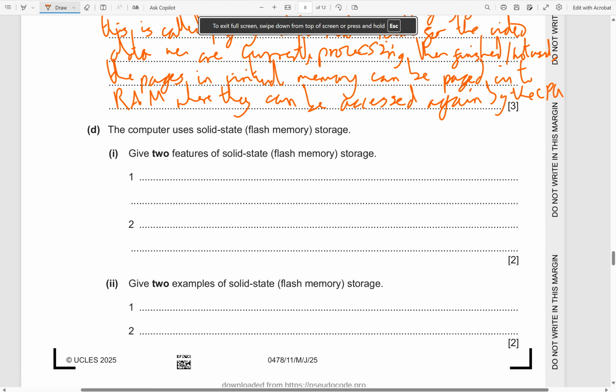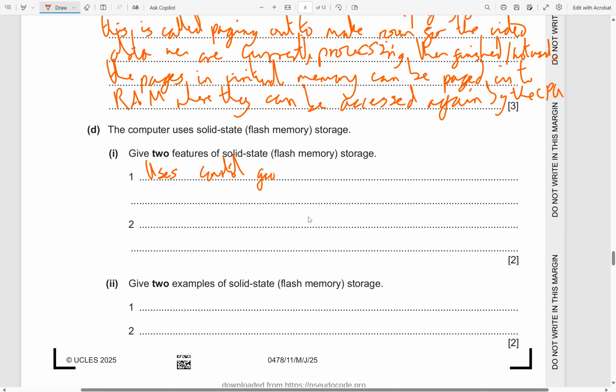So let's try and write an answer for that. We can say it uses control gates to change bit values by applying electrical charge.